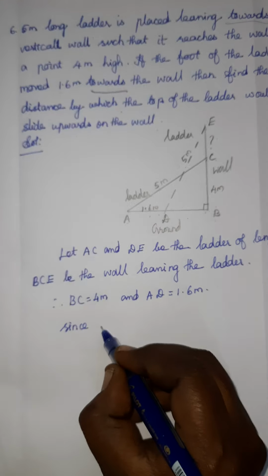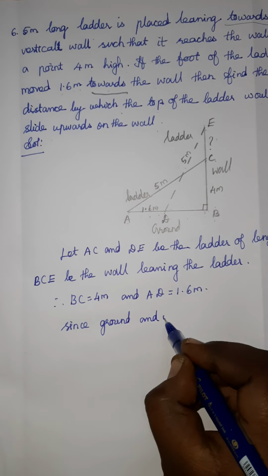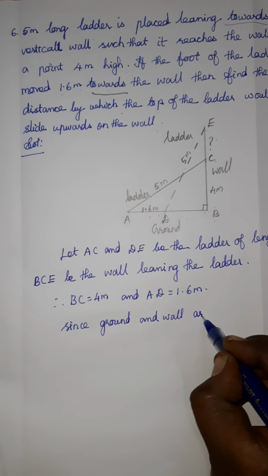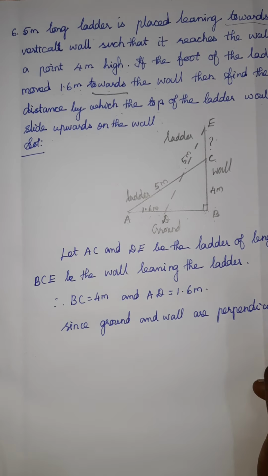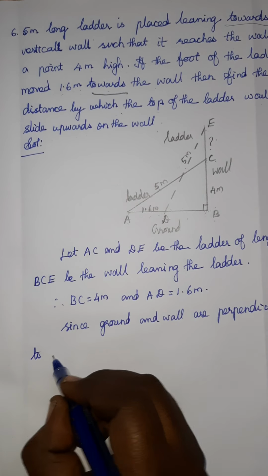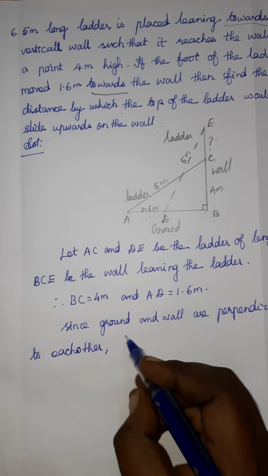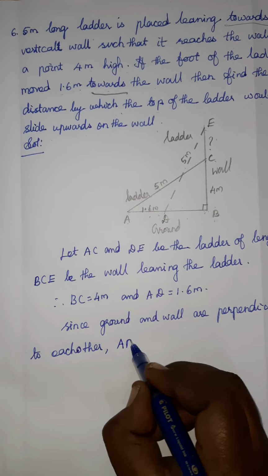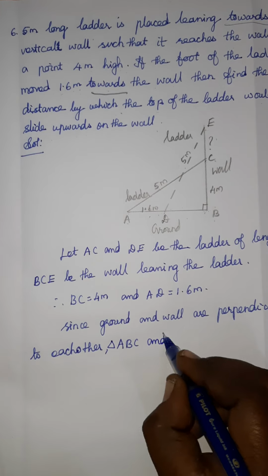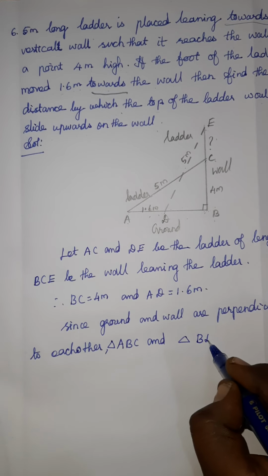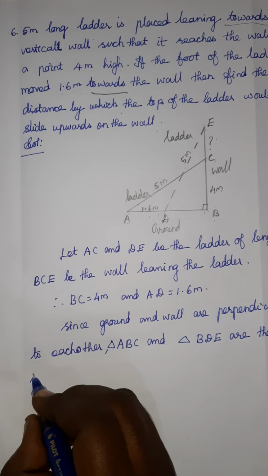Since ground and wall are perpendicular to each other, triangle ABC and triangle BDE are the right triangles.